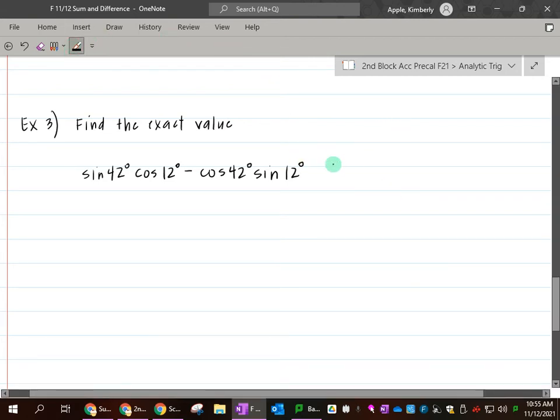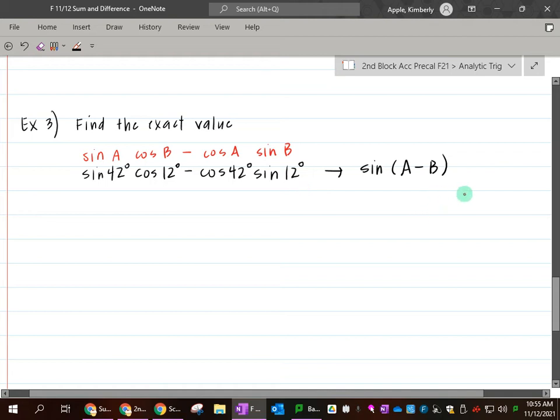So this is actually the formula for sine of A minus B. So let's look at this part and identify based on that formula. This would be sine A times cosine B, right? Minus cosine A sine B.